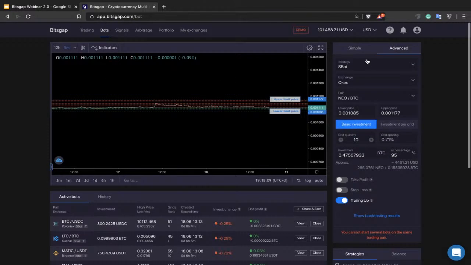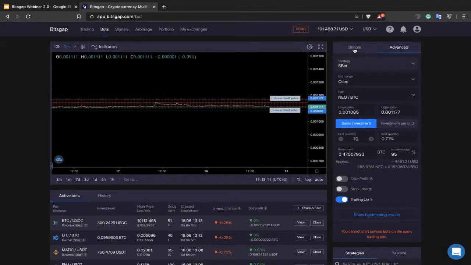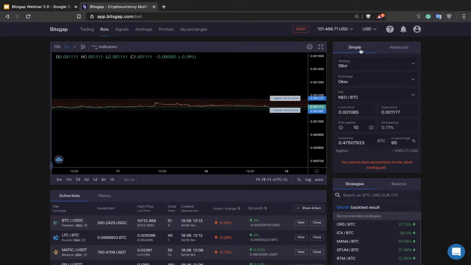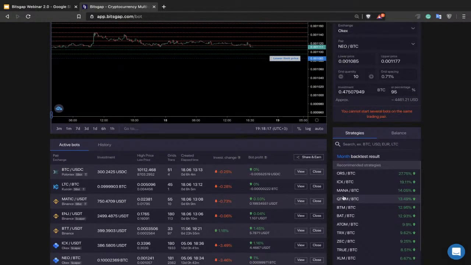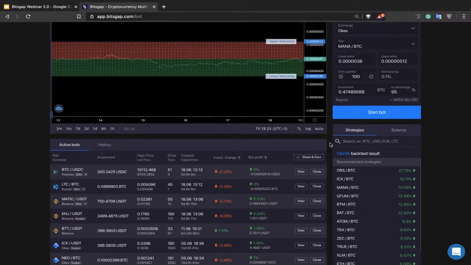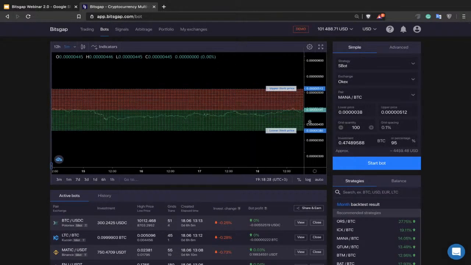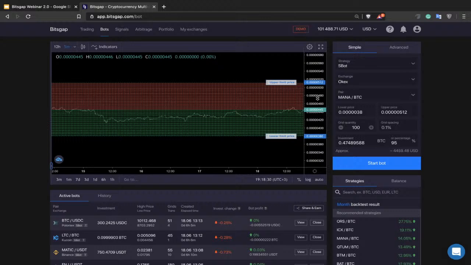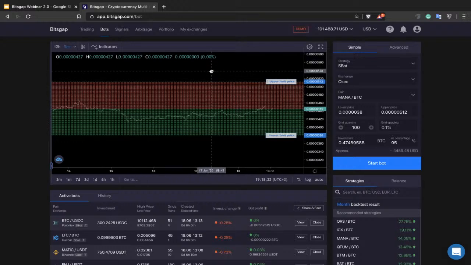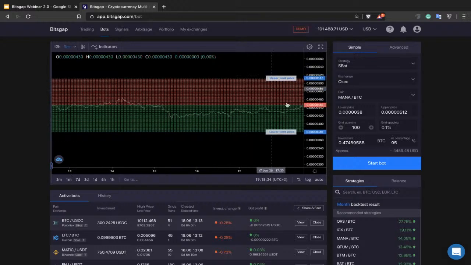And on the right side, the right panel, we have here is sample. So that's the simple setup of the bot. And here you can see that as I switched, let's say I'm gonna choose MANA trading to BTC. And as I switch MANA trading to BTC, I have my trading range automatically set by the Beatsgap algorithm.